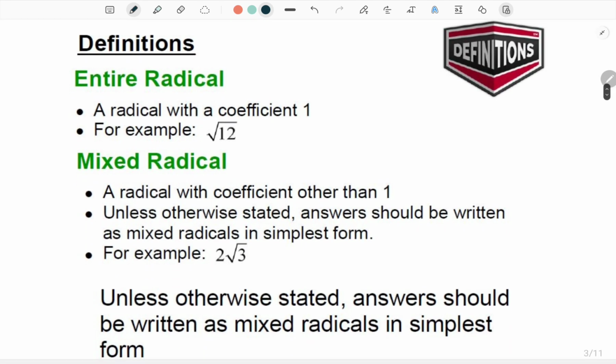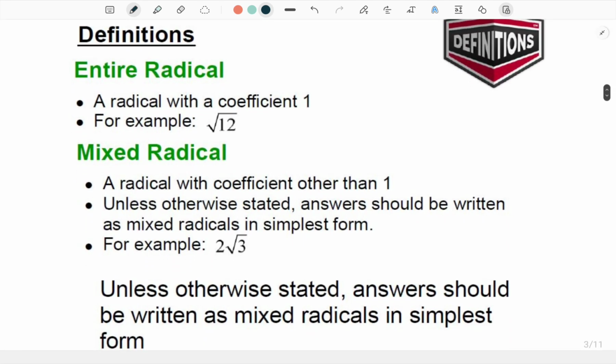We also have just a couple other definitions. An entire radical is, in a sense, like a square root with just a number in it. There's nothing in front. Whereas a mixed radical has some coefficient in front of that square root.